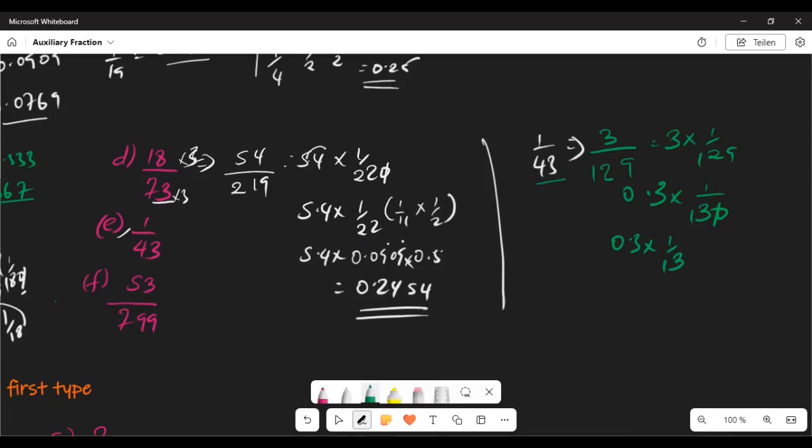And if you remember, for 1 over 13, we know the value. So this is going to be 0.3 multiplied by 0.07669. You multiply these two, the answer will be 0.02307.